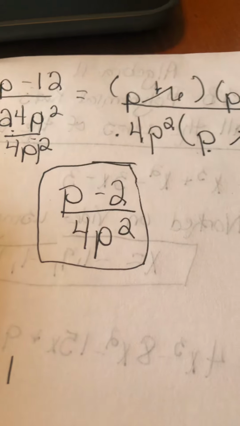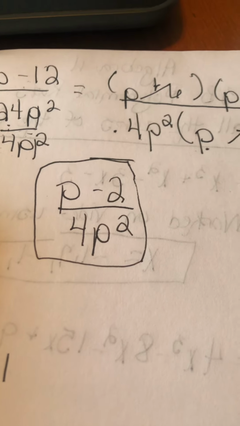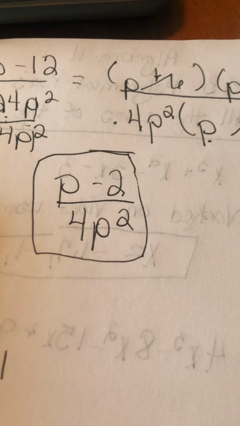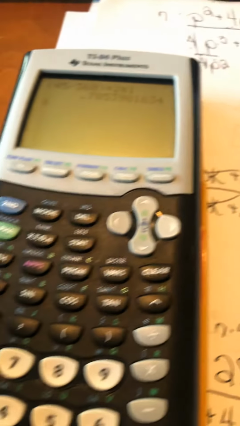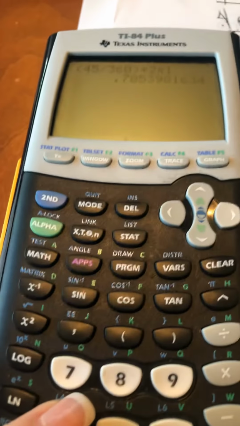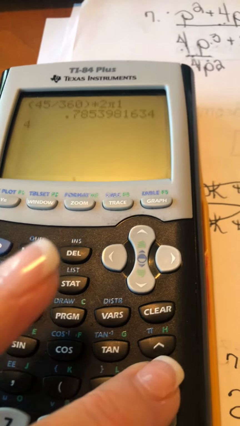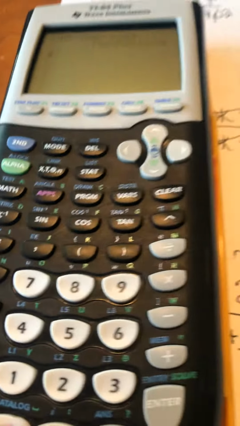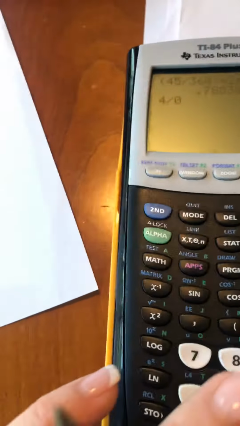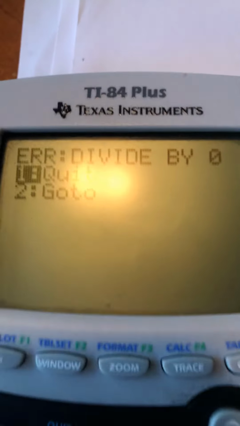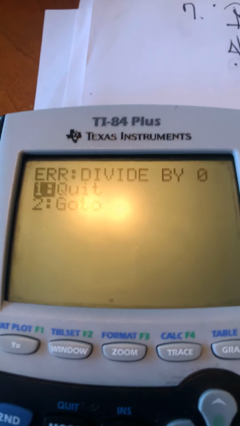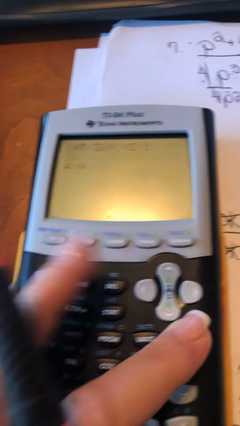It's just one of those things that we call an undefined term. So for instance, if I put into my calculator 4 divided by 0, there it is, and hit enter, you're going to get an error message, and it just basically says there's a mistake here because you're dividing by 0, so that can't happen.